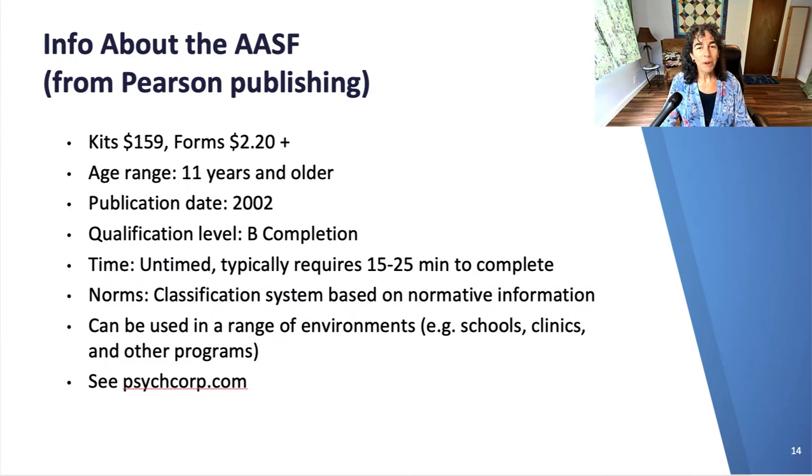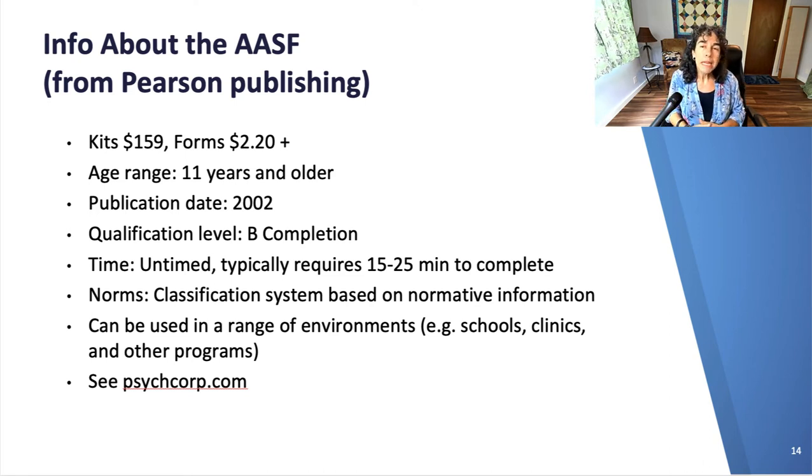So from the publisher. This costs $159 for a kit. Additional forms are $2.20 per. And as we said, age range 11 and older, published in 2002. Qualification level, a B qualification.